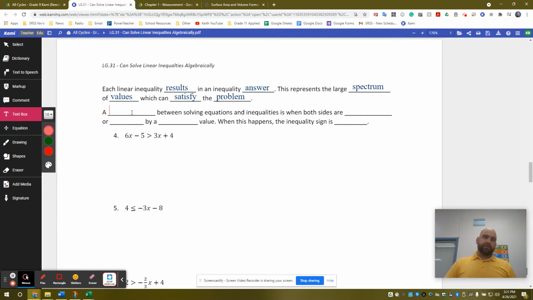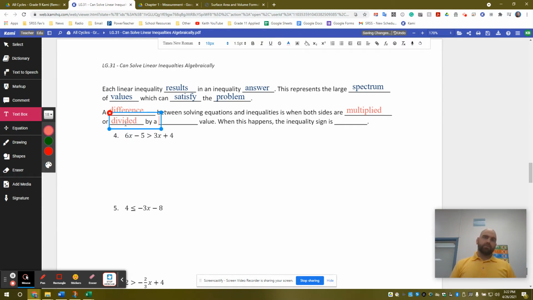Now, there is a difference. The difference between solving equations and inequalities is that when both sides are multiplied, and I'm going nice and slow here, apologies for that, or divided by a negative value.